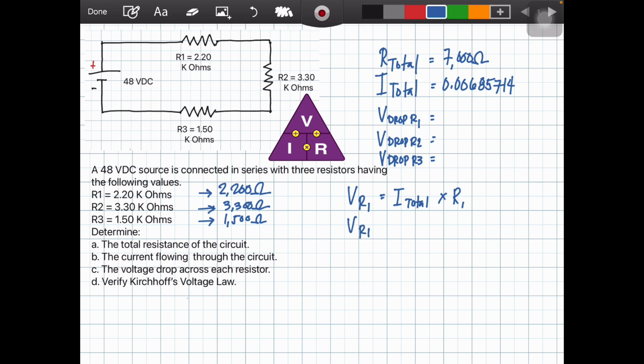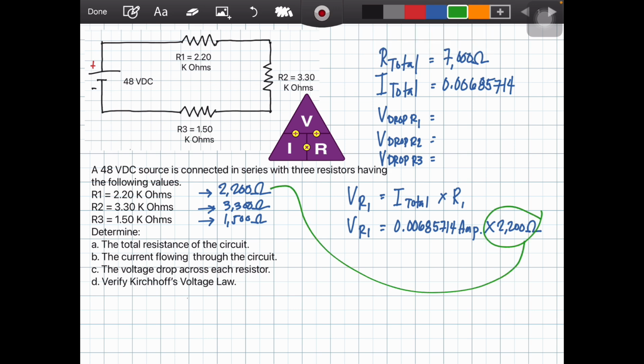VR1 is equals to the value of the current, 0.0068574 amperes, multiplied by the value of R1, which is 2,200 ohms. Where did the 2,200 ohms come from? It is this one here.